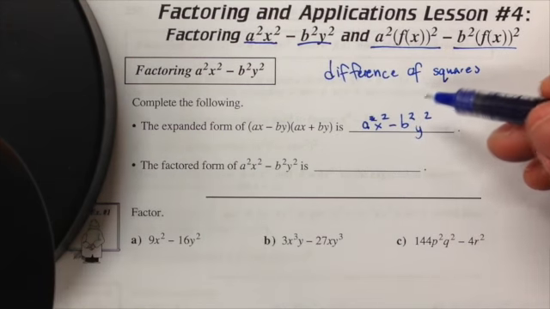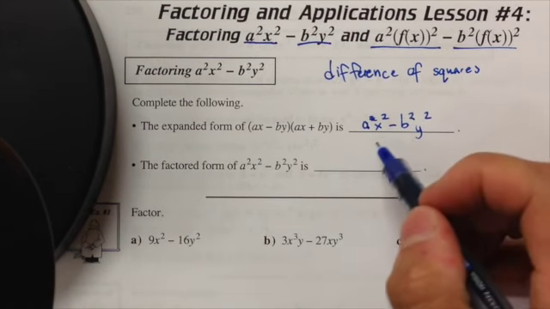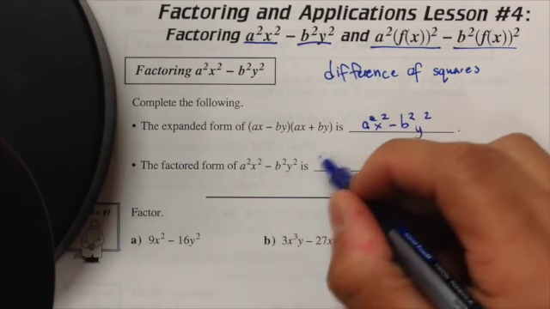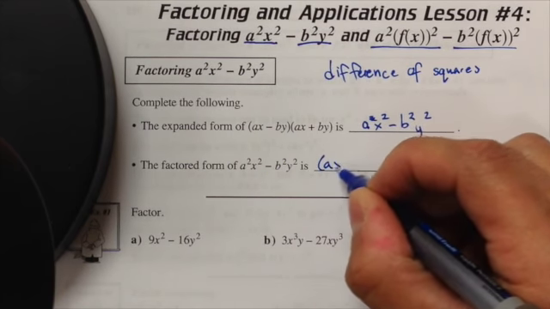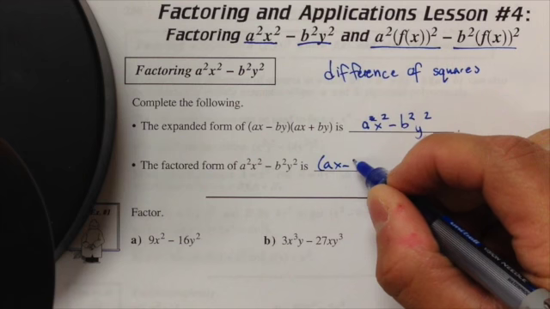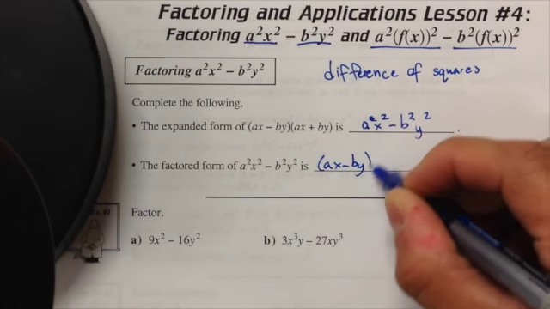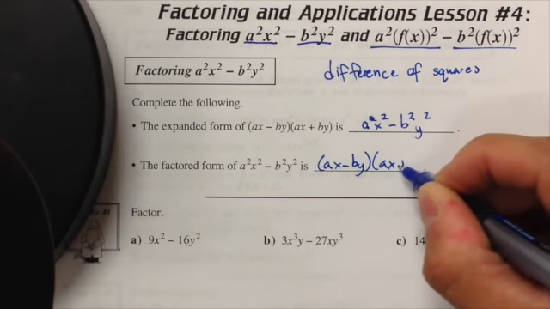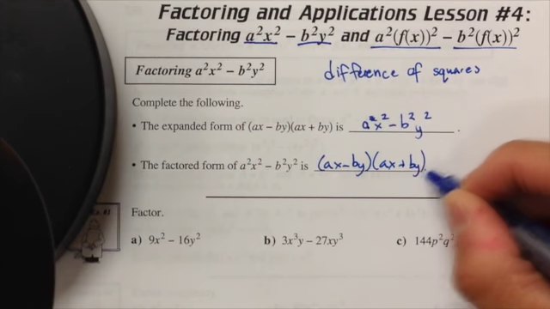They would just cancel each other out. And so then if we were to factor this, we're going to be left with ax minus by and ax plus by.